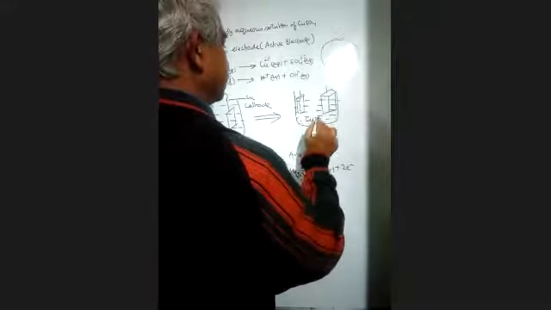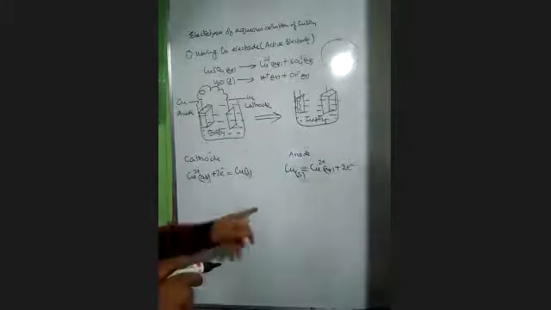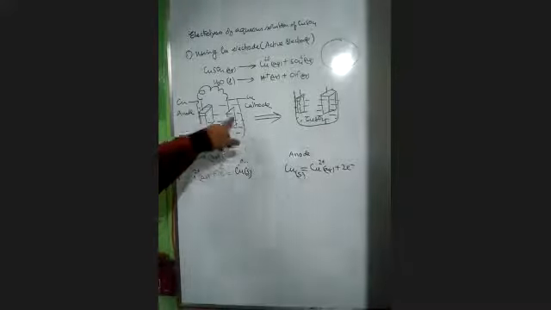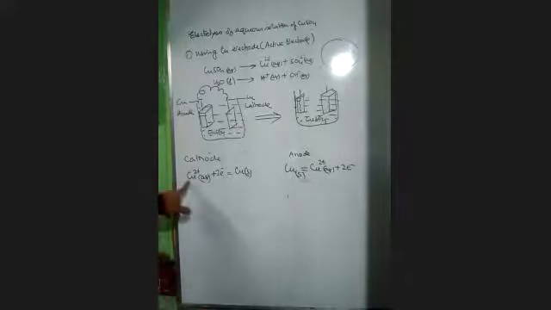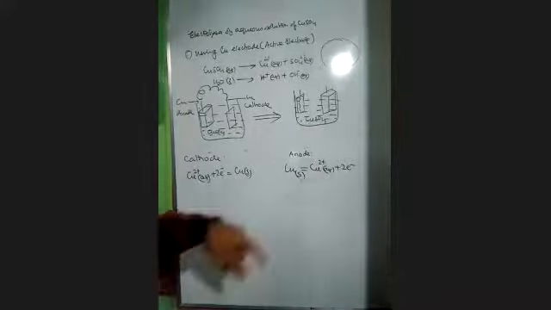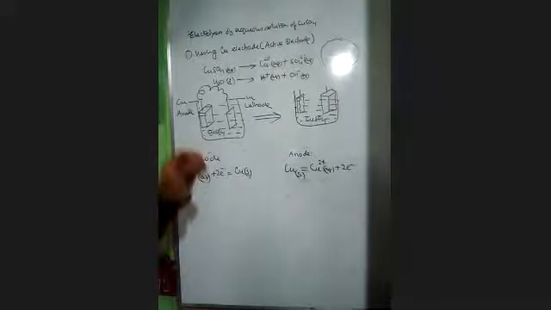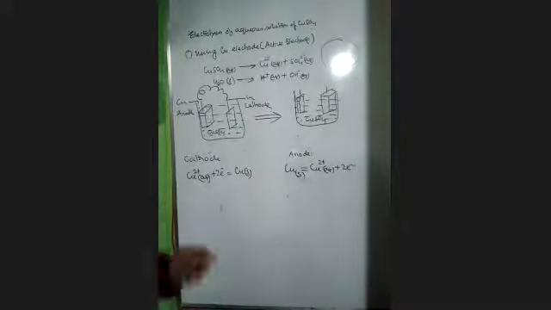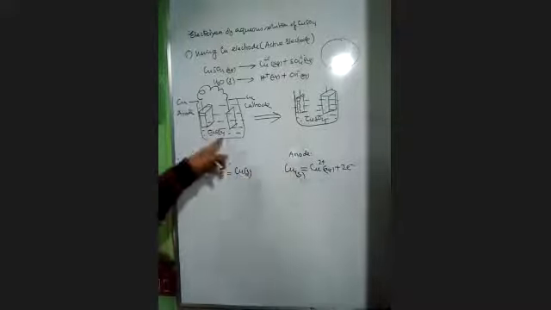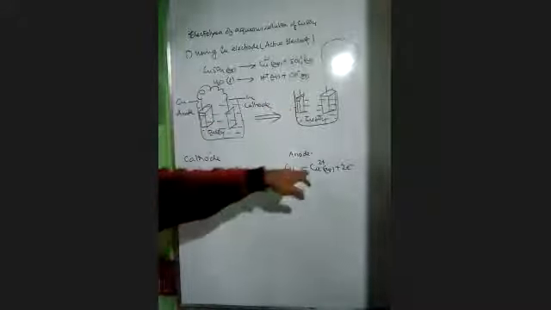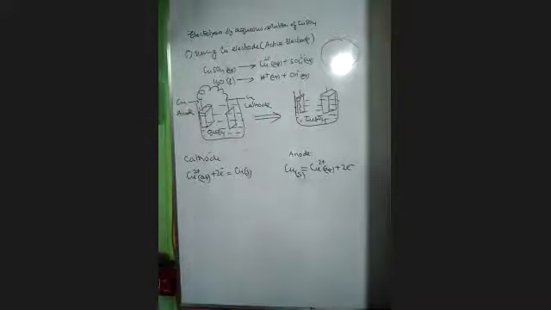Okay, now see a very interesting thing. Initially, the copper ion from the solution has gone here. For each copper ion, this copper has given 1 ion in the solution. So the concentration of copper ion in the solution will always remain constant. Every copper which goes into solution as copper ion, 1 copper ion from the solution gets deposited. So the concentration of copper ion never changes. So the solution is not going to change its color.